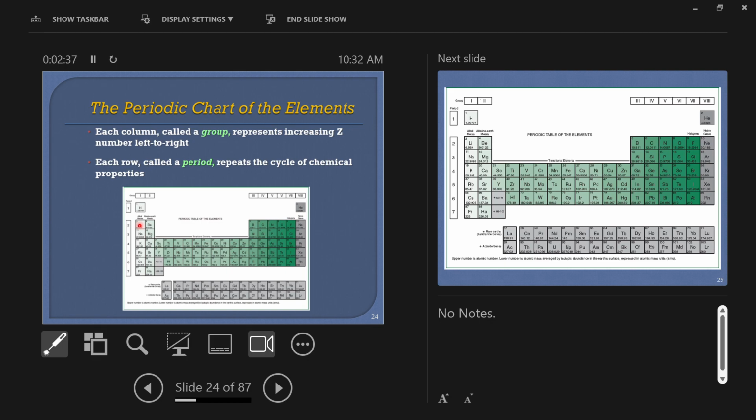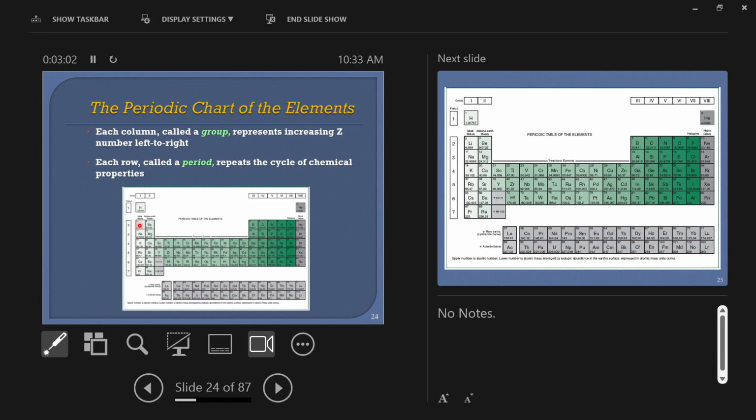Notice all of the elements in that stack in group 1 act chemically the same. There's a good reason for that we'll get to in a little bit. Hydrogen, lithium, sodium, and so on are all going to act chemically the same as each other.